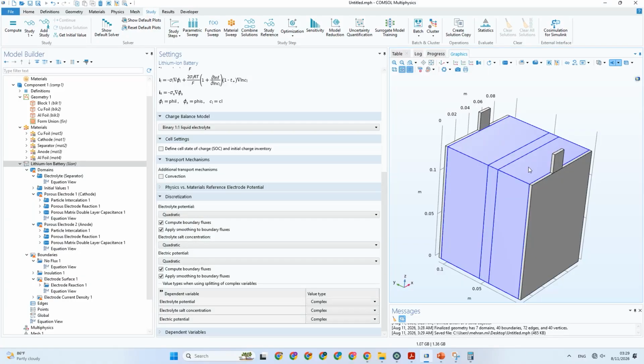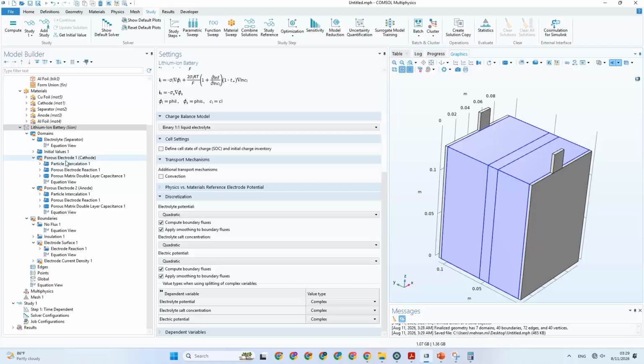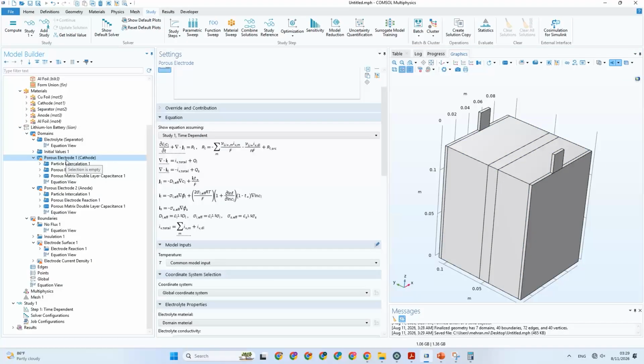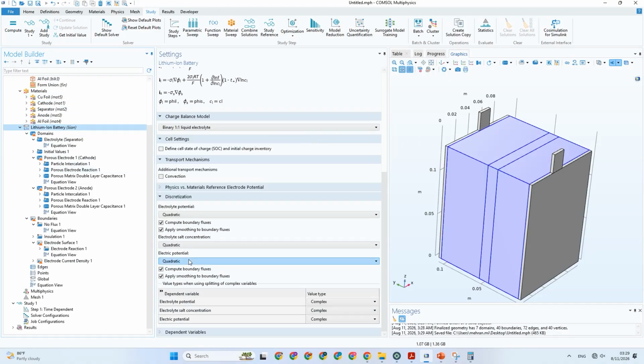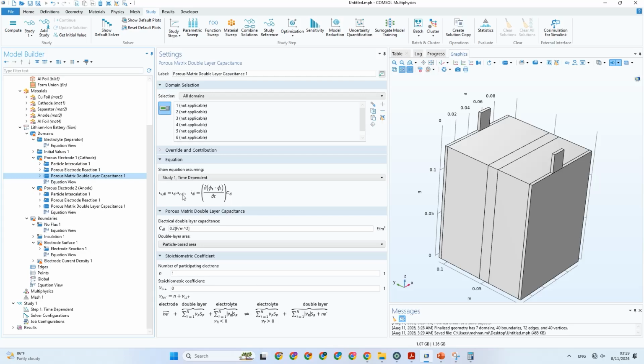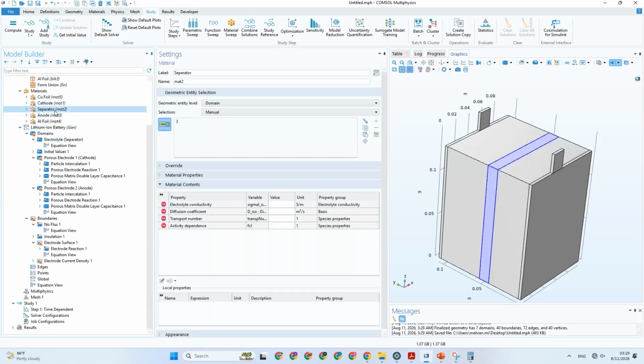And now I can add, okay, now in lithium ion I just must add the data here. Look at this. For example, in separator we need diffusion coefficient, transport number for anode, for cathode. Here we must define electrolyte.